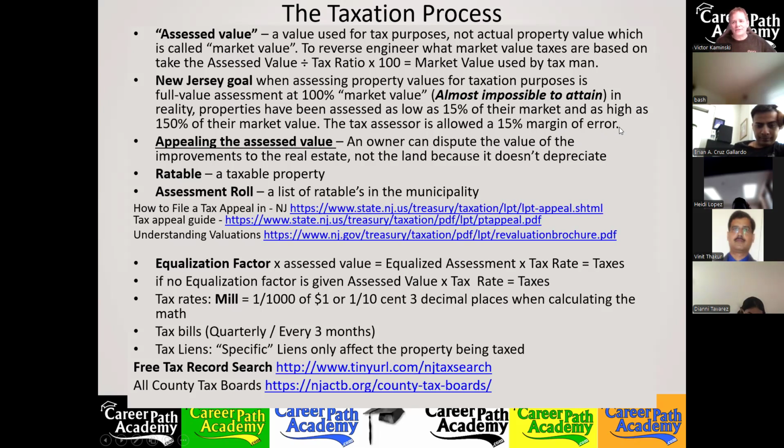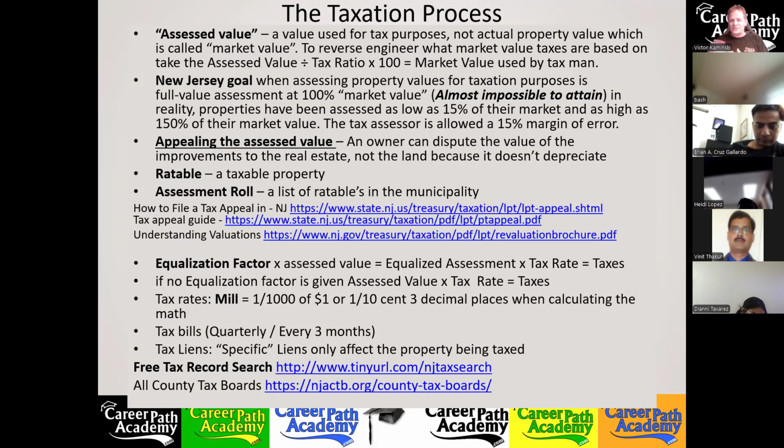You really need to keep an eye on this because you don't want to pay more in taxes than you should, do you? Right. So you should really keep an eye on your tax bill and try to know how to reverse engineer to figure out the full market value your tax man thinks your home is worth. And then either use an appraiser, or you guys are going to learn how to do CMAs.